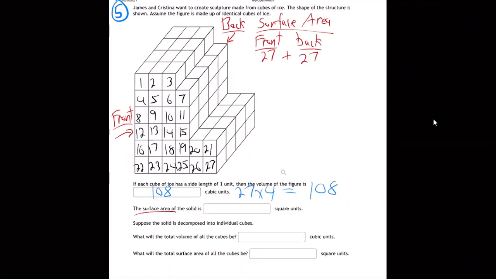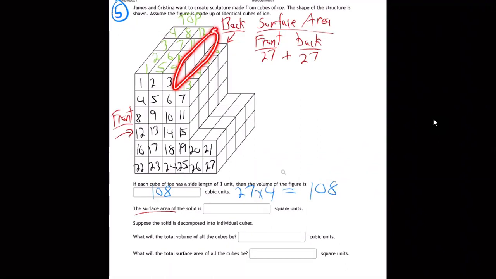Now, let's do the top. How many on the top? Well, I'm just going to count them. 1, 2, 3. Now I'm only counting tops, only going to paint the tops of these blocks. 8, 9, 10, 11, 12, 13. See, I'm skipping that right side there because I'm going to do the right side in a minute.